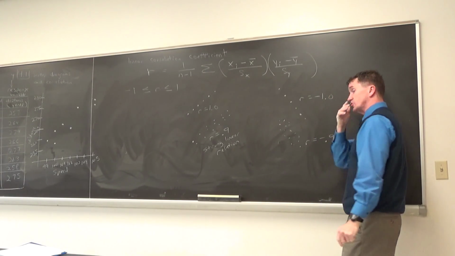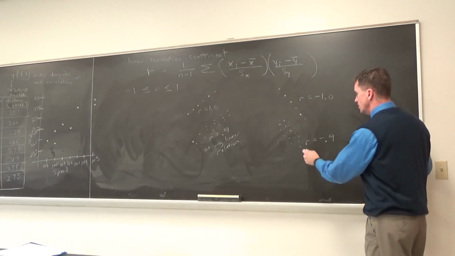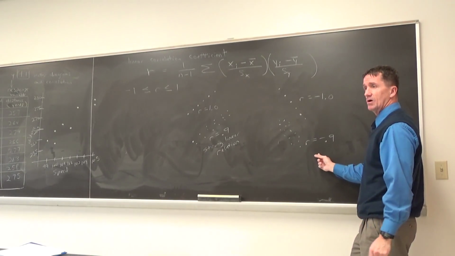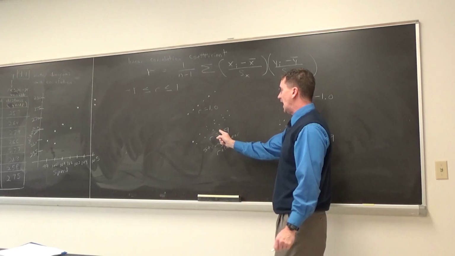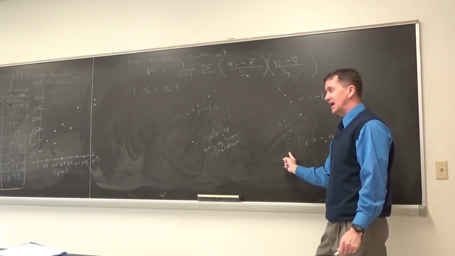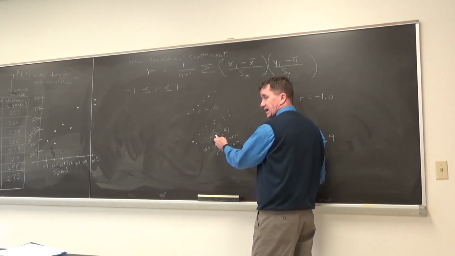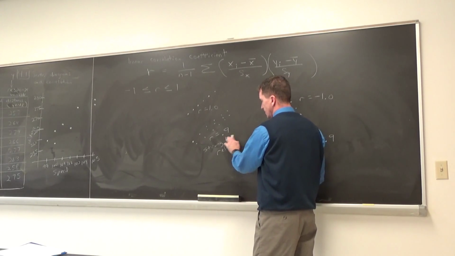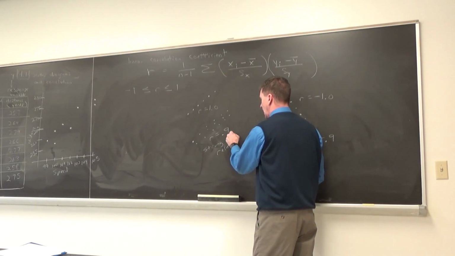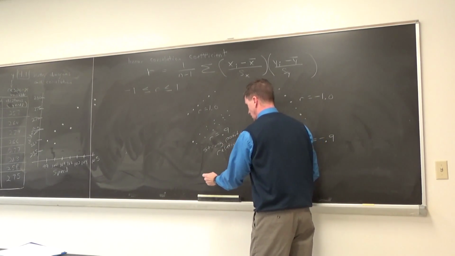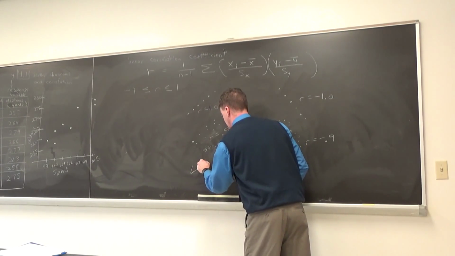Still strong though, right? So this would be a strong linear relationship as well. The only thing is, positive versus negative. In your notes, you can put the word positive before the word linear. But the word I'm going to put really big is linear. That's the most important word.